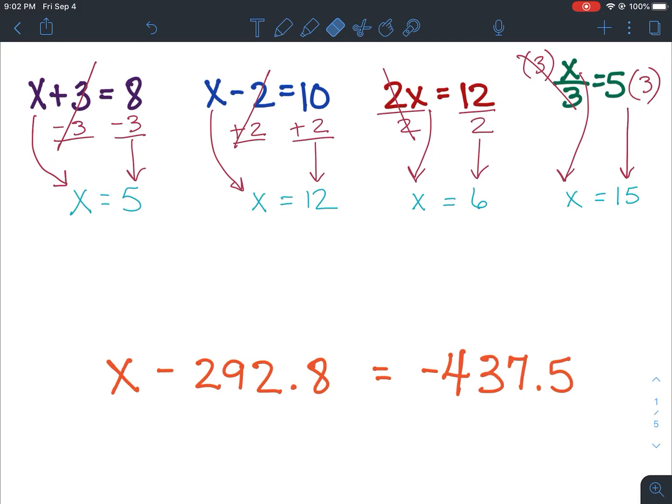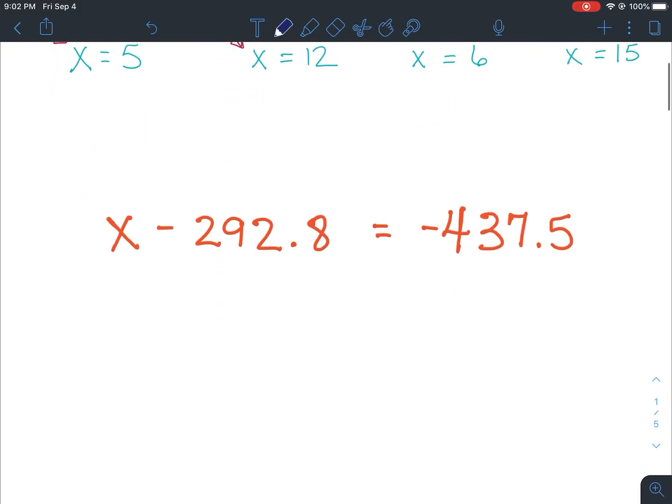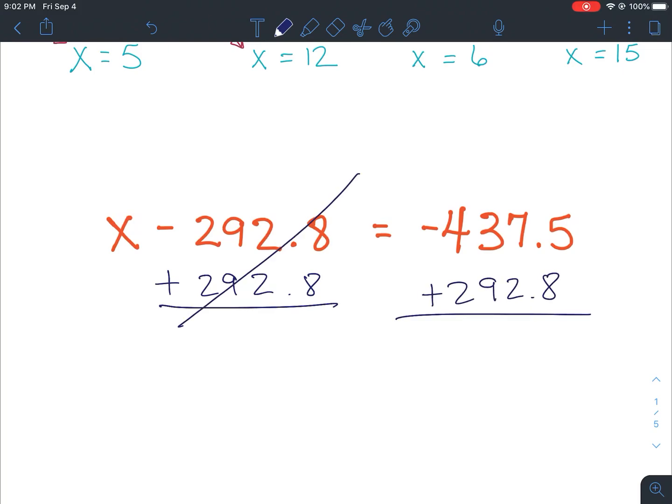All right, let's look at this larger problem here. I want to get rid of this number so I can isolate the x. So I'm going to add 292.8 to both sides. That allows me to cancel that out, isolating the variable. I keep my equal signs lined up.